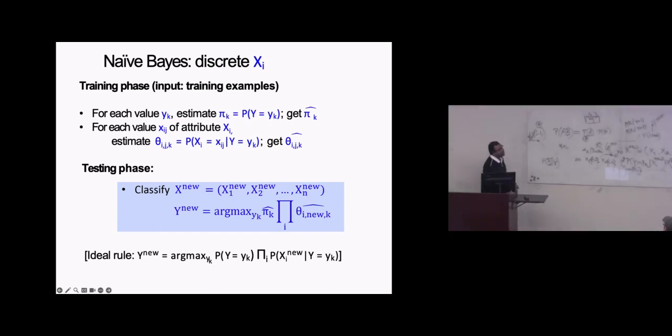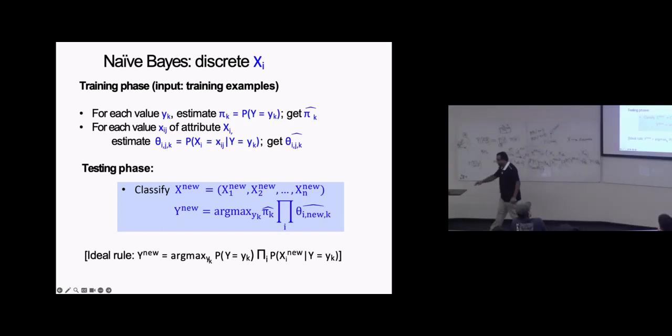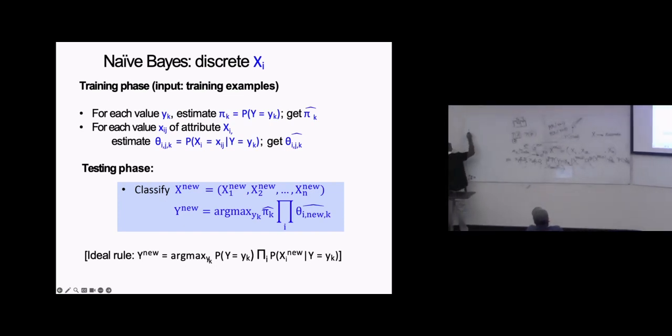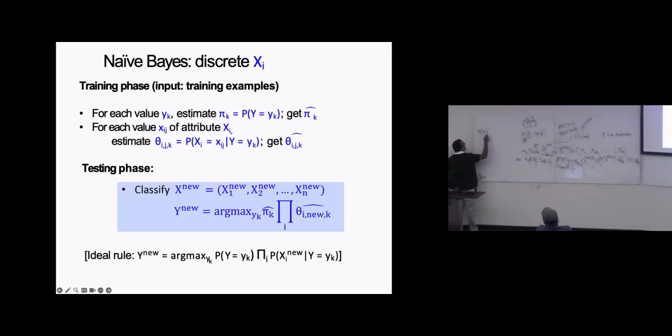Okay, let's first talk about how we estimate this. Let's say we want to estimate the prior probability of y. So we need to, again, estimate 2 probabilities: one is the probability of x given y, and the other is the probability of y. So let's talk about the probability of y equal to yk.